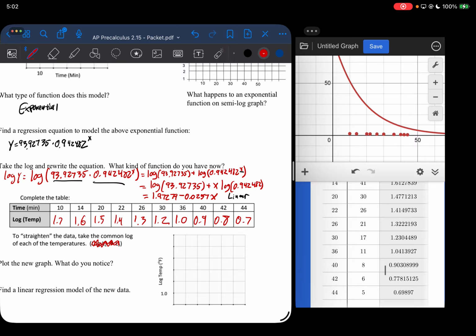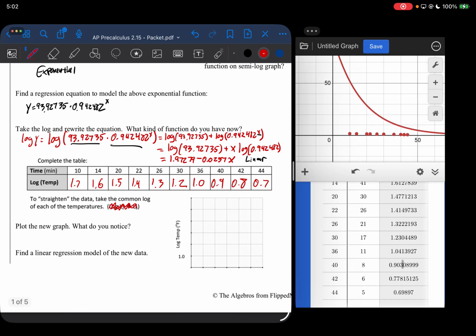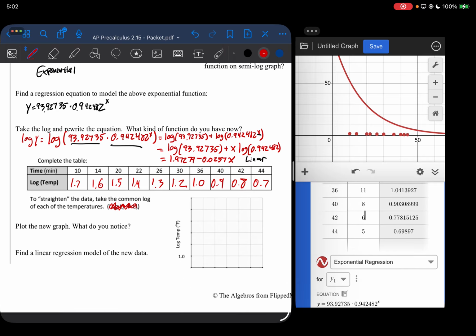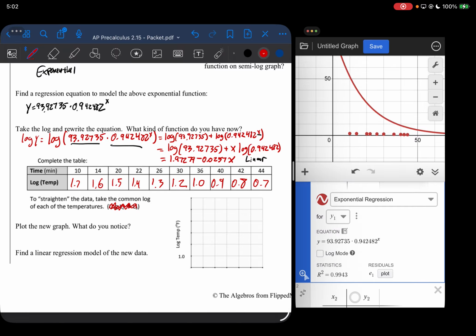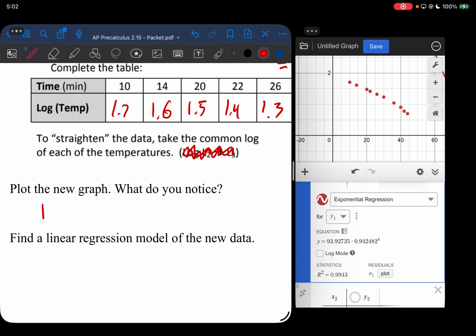I'm just rounding to the nearest tenth. So now what they're telling us is, what do we notice if we plot this data point? Okay. Notice, see how the dots, they almost perfectly line up. So they form a linear function.